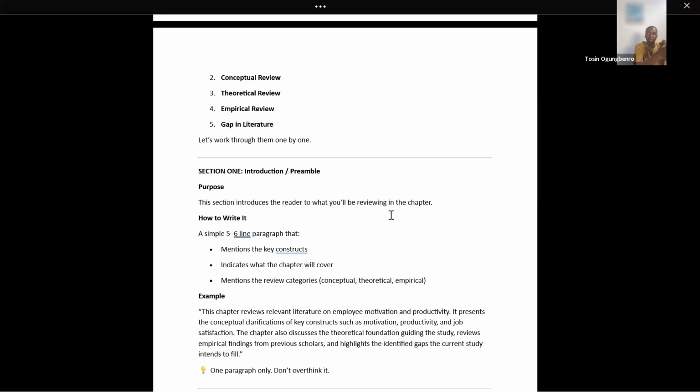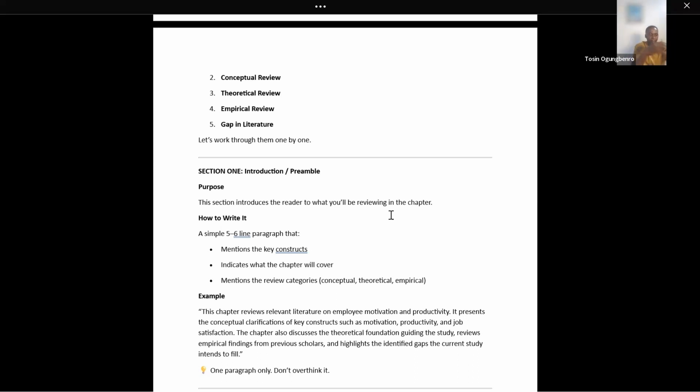It talks about two main theoretical reviews: theory one, theory two. Then it's critically analyzed, empirical reviews, and identifies gaps in literature. Your introduction might not be more than that, just 5 to 6 lines.